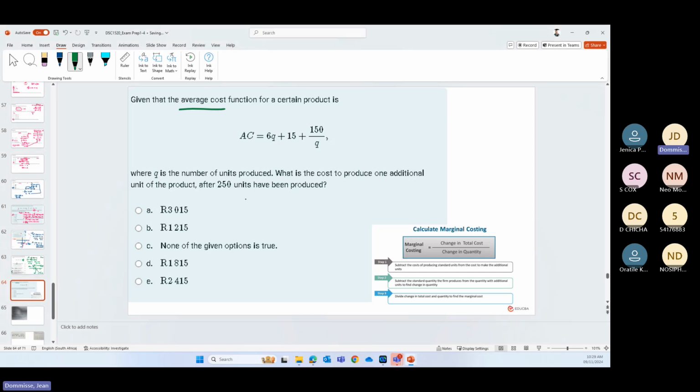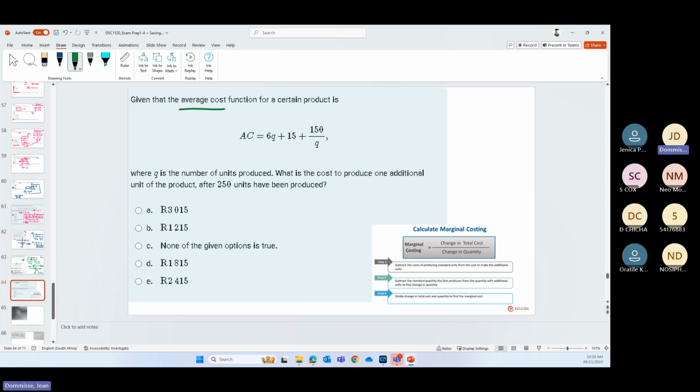Okay, so let's look at this. So given the average cost for a certain product is this, where Q is the number of units produced. What is the cost to produce one additional unit?